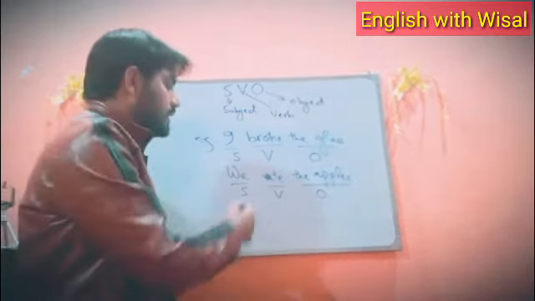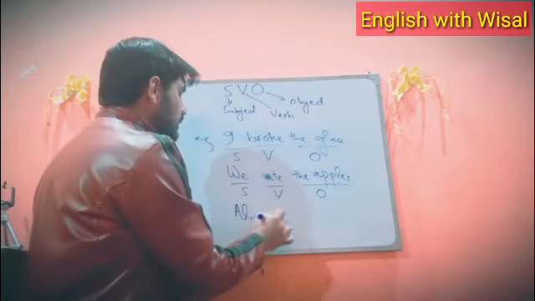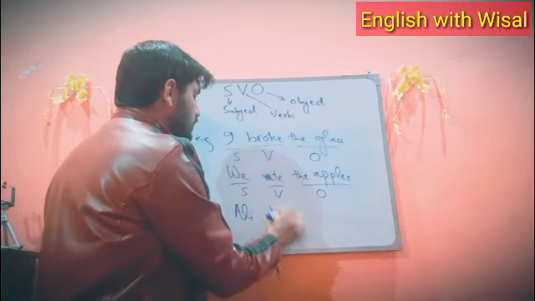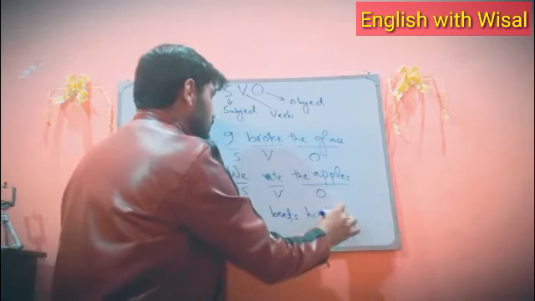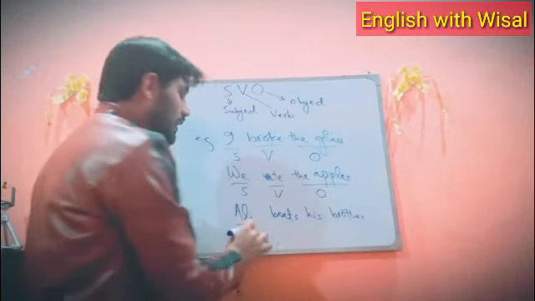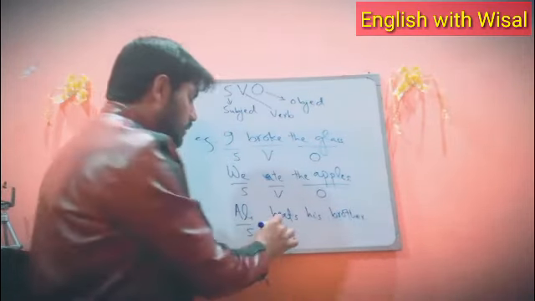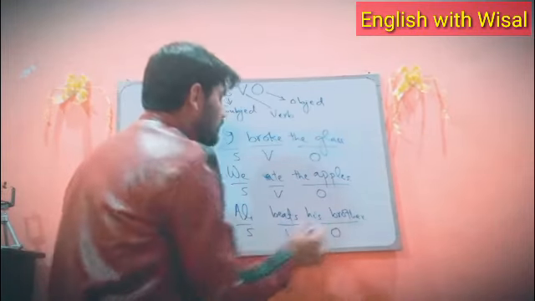Let's have another example. Ali beats his brother. So, Ali is the subject, beats is the verb, and his brother is the object.